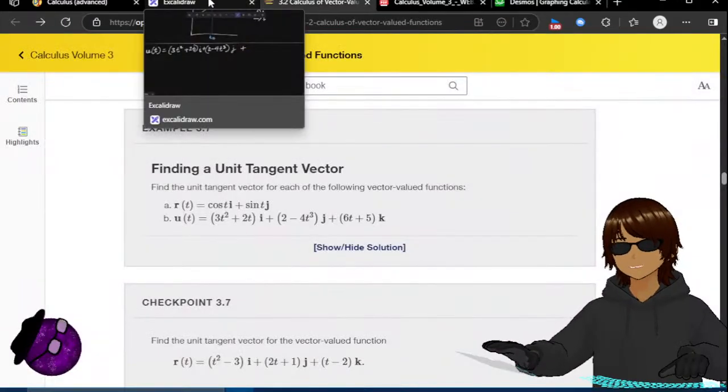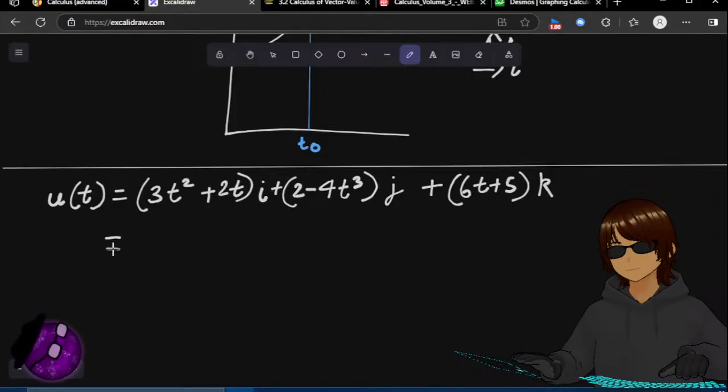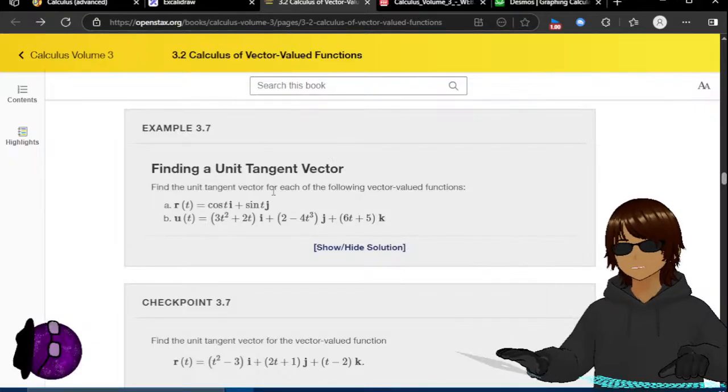Plus it with 6t plus 5. So the derivative is, at what point are we finding this?